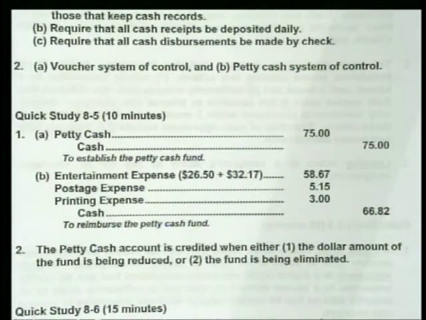Either when you reduce the fund or when the fund is being eliminated. And if you're eliminating the fund, you're really reducing it to 0, right? So in a way, there's really only one answer: if you reduce the petty cash fund by any amount, including 0, which would be elimination.